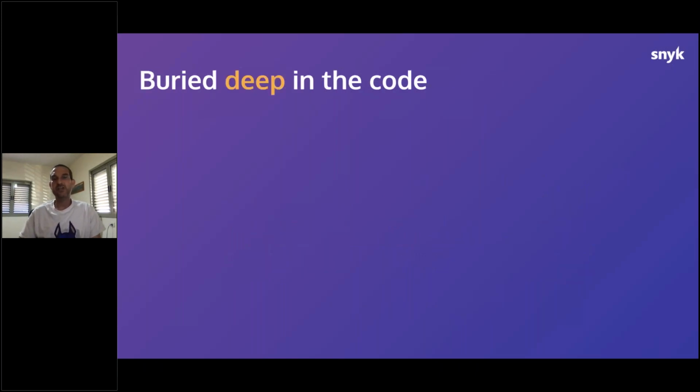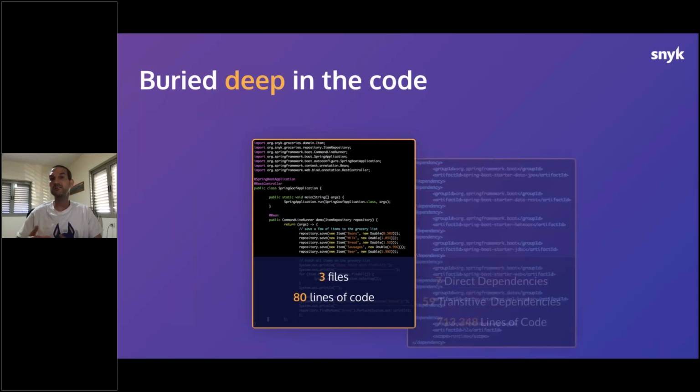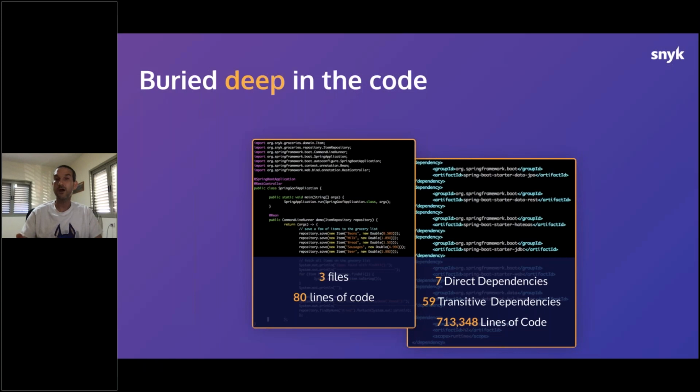Another side of the challenge is that of visibility, right? Even if you've got, say, a small application, just a couple of files, 80 lines of code, these are pulling in 7 open source components, but these in turn will be pulling in another series of open source components. These are so-called transitive dependencies, or indirect dependencies.